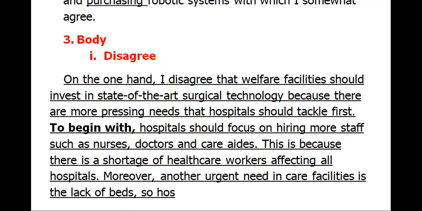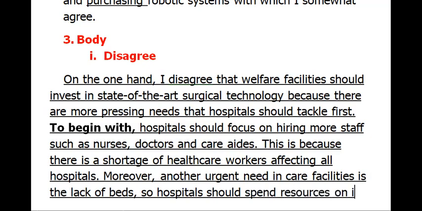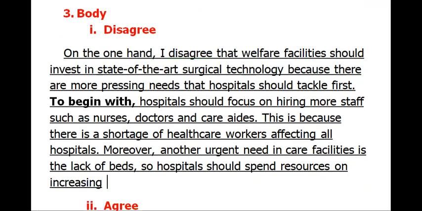So hospitals should increase their, or should spend their resources on increasing their capacity.